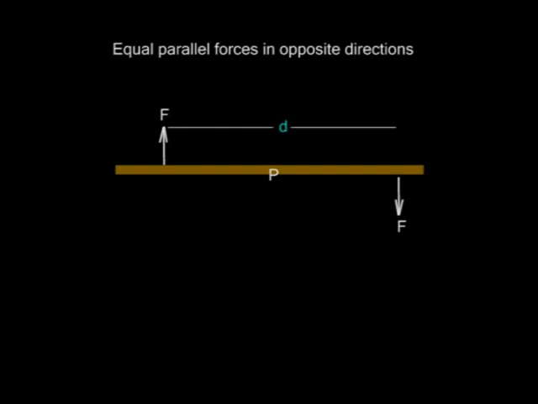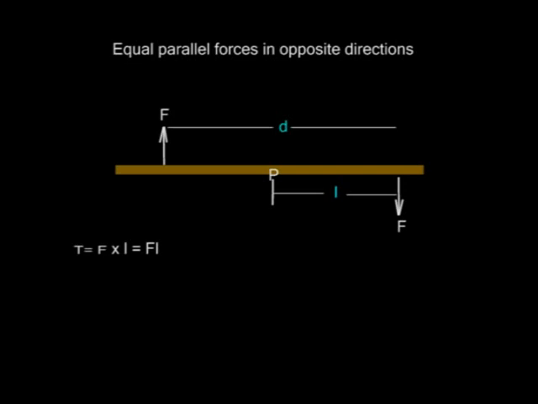The moment due to the other force. So if the distance from P to one of the forces was L and the total distance is D, then it means the distance between P and the other force is D minus L. Correct? So the moment due to that other force is equal to F, force, times the distance, that is D minus L.